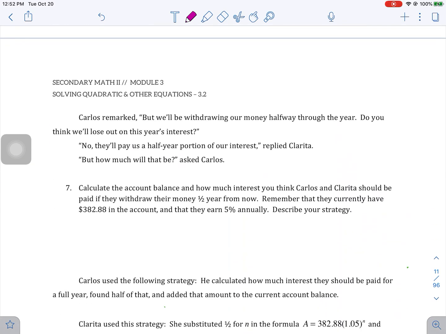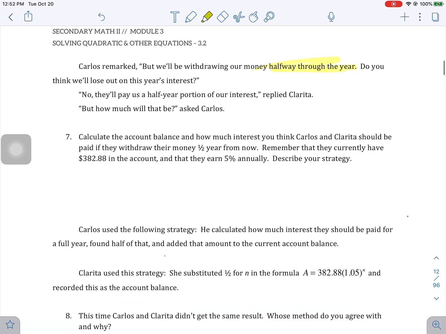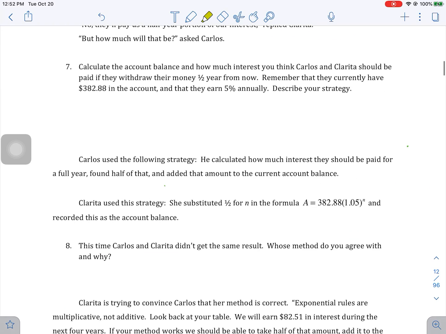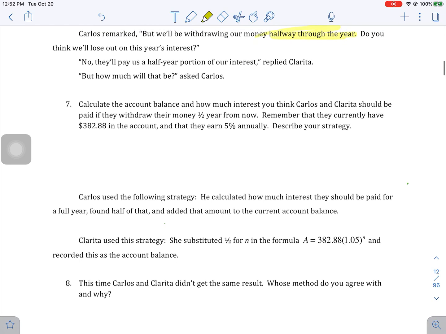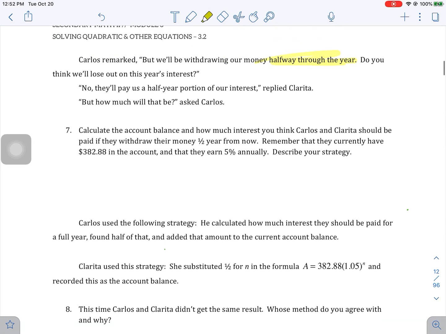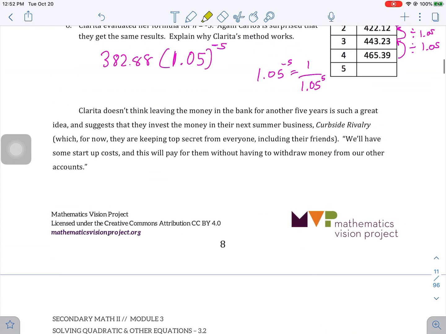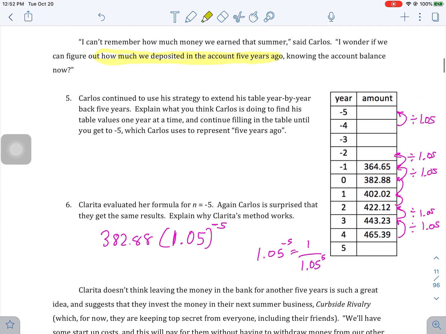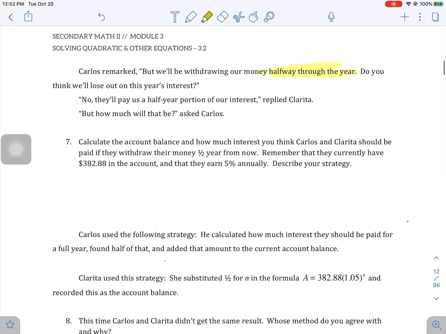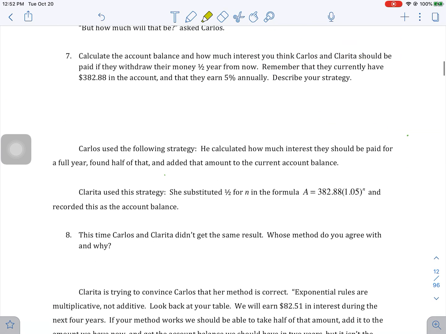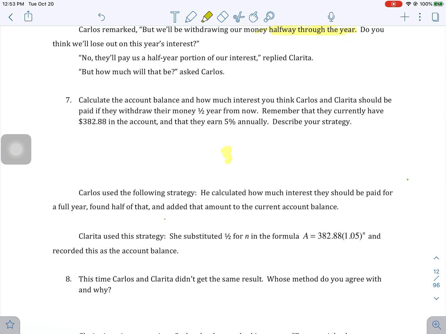The next one is about a situation where you're halfway through the year, okay, and you're trying to figure out how much money you got in interest. And what Carlos did is he looked at all the interest. So 382.88 was the starting point.